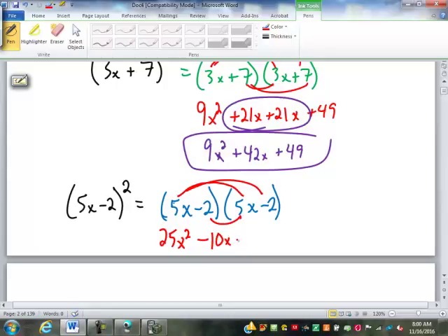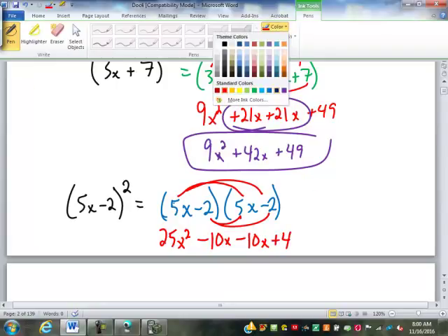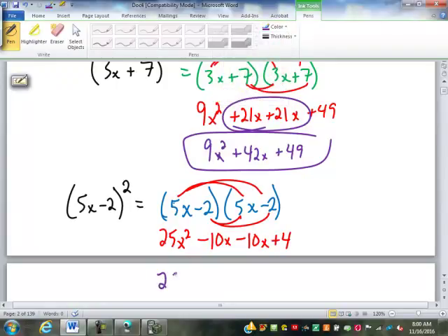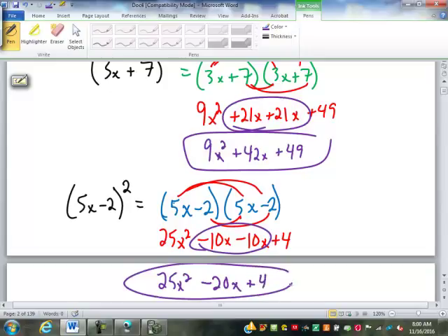Negative 2 times 5x is another negative 10x. Negative 2 times negative 2 is a positive 4. So that will combine. We got 25x squared, negative 10 and negative 10 makes negative 20x, and positive 4. How many of you had that? What is this, review again? Now we're going to the next step with powers.